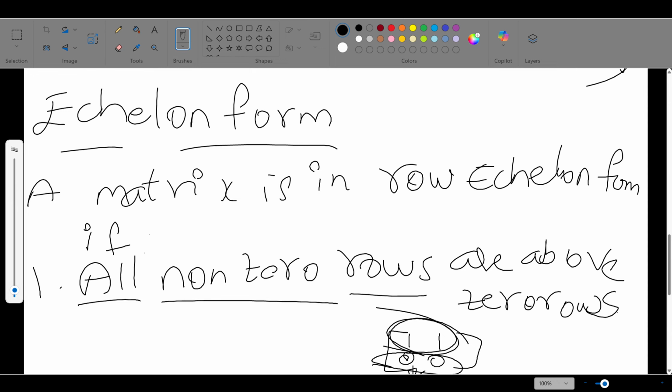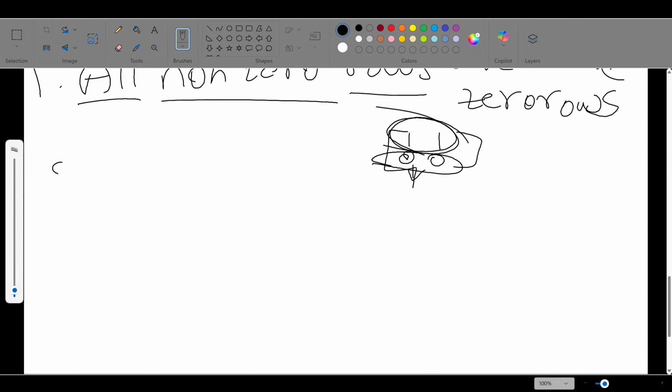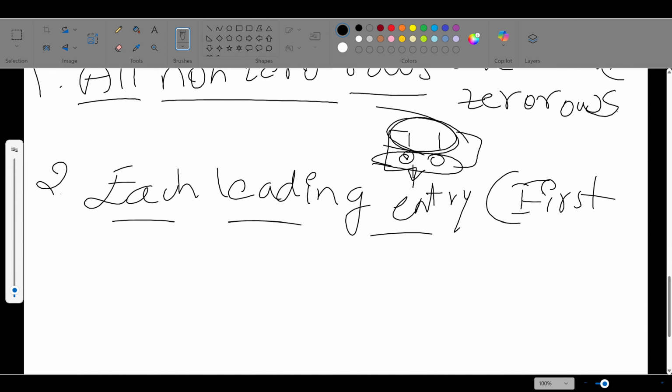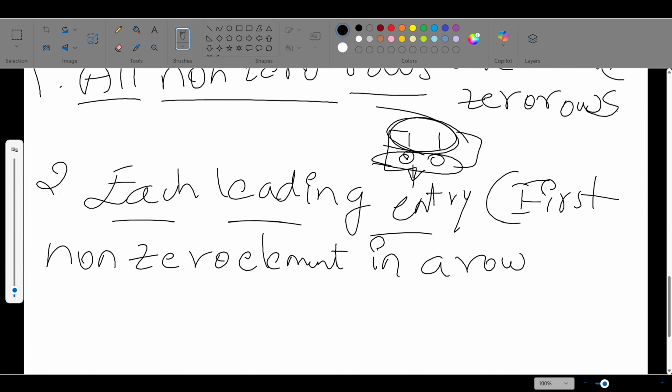First we have to make the bottom rows zeros, and all the rows at the top should be non-zeros. Next one: each leading entry, which means the first non-zero element in a row, is to the right of the one above it.